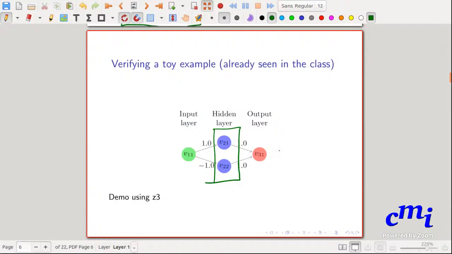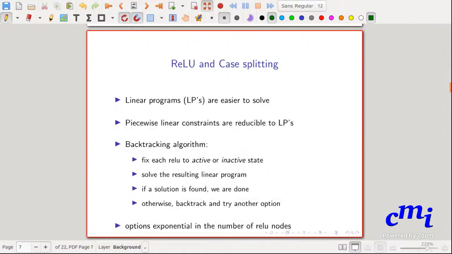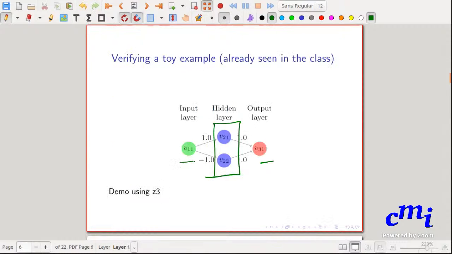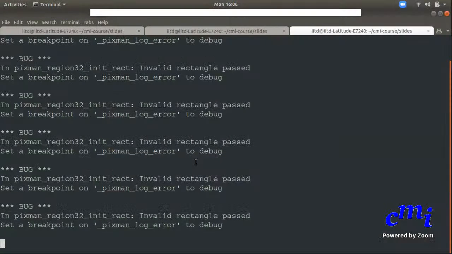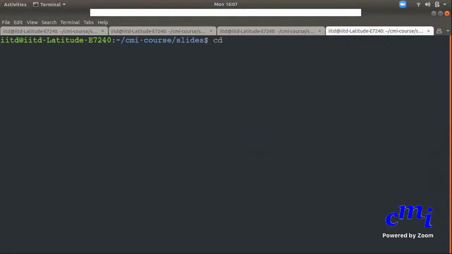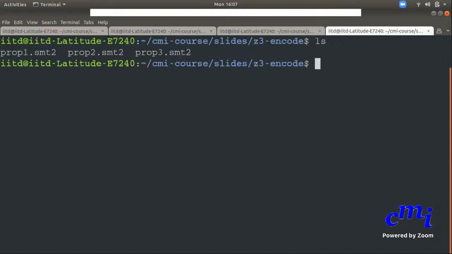Okay. So you have an input, you have an output, you have these connections, and there are certain properties that you can now specify and verify. I think Diganta had shown this in the class. I have those scripts here with me. Can you see my screen?